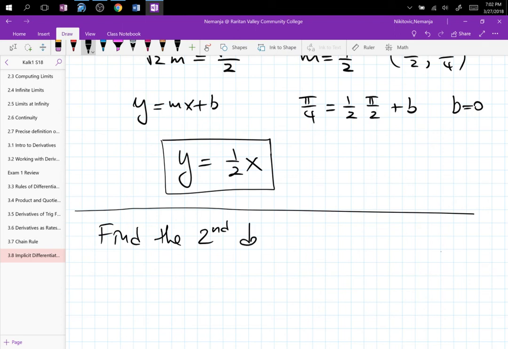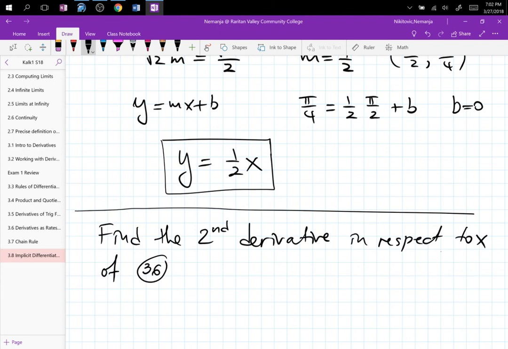Find the second derivative with respect to x of problem 36: sine x plus x squared y equal to 10.